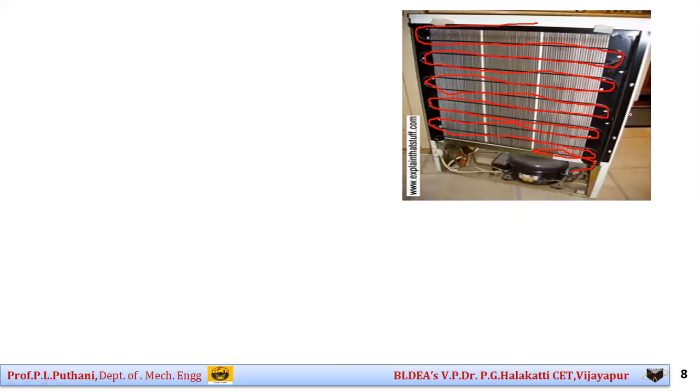In other words, students, the condenser is a heat exchanger similar to an evaporator itself, consisting of a set of coiled tubes. Its function is that when the refrigerant passes through these coiled tubes, the refrigerant, as we have already discussed, is the output of the compressor: a high pressure, high temperature vapor phase.